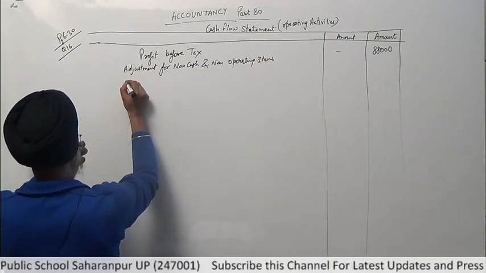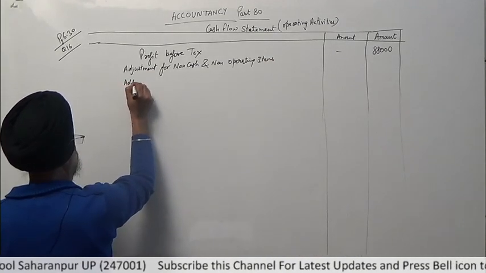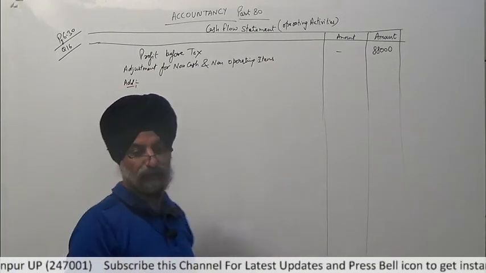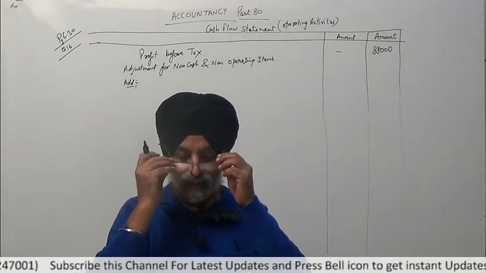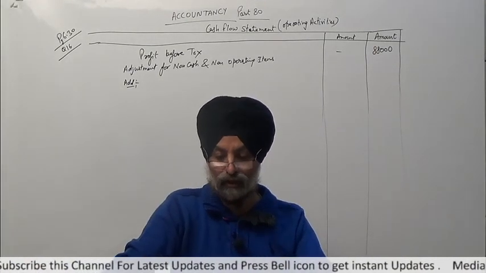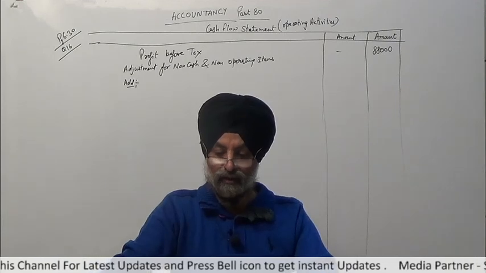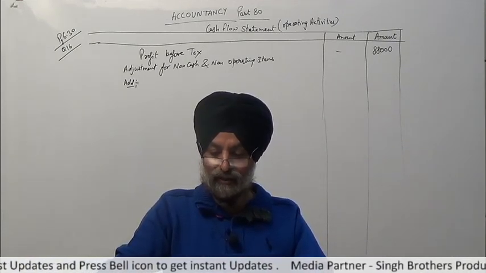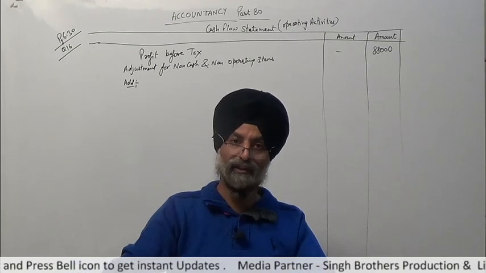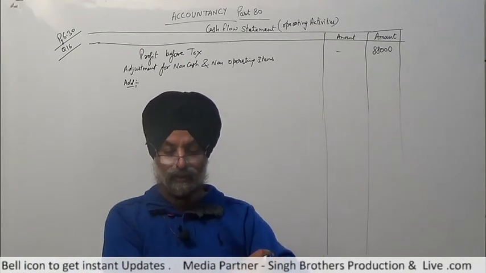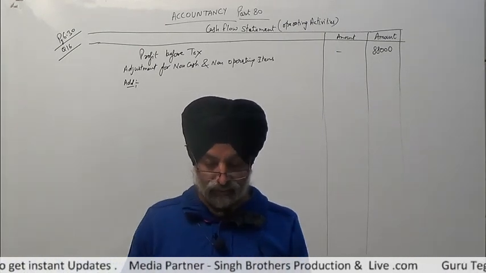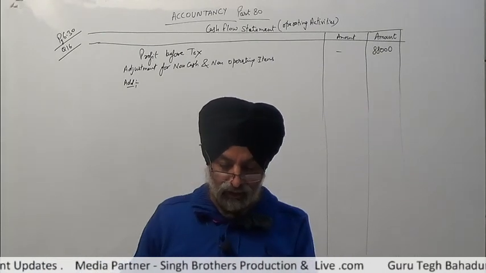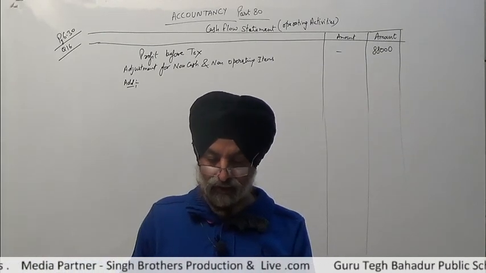In this, first of all, you have to take items of addition. In addition, as you know very well, come depreciation, write-off of amortization or preliminary expenses like share issue expenses, and goodwill written off. In this question, depreciation in note number 2C is 55,000.